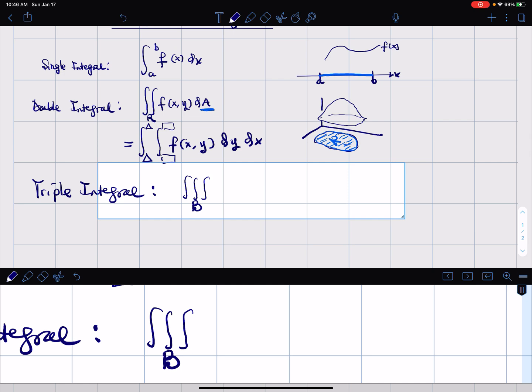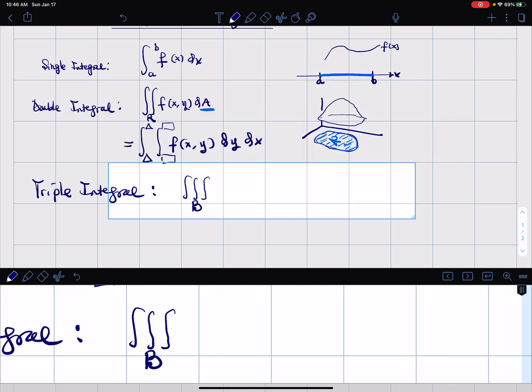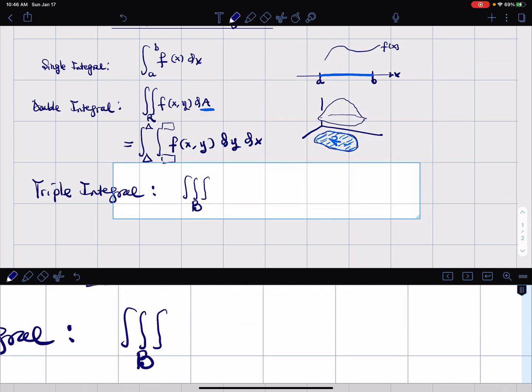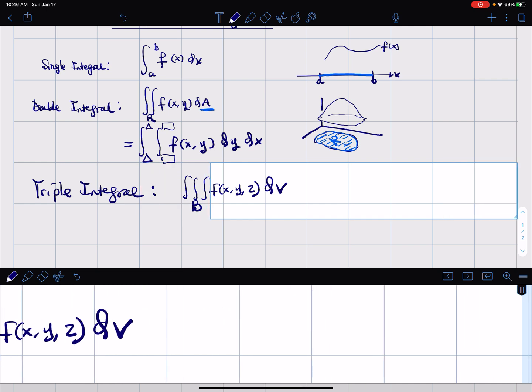The notation is usually B. Some people use E, some use D. B comes from box; it kind of feels like a boxed region, instead of an interval. So you have f of x, y, z now, and instead of dA, it becomes dV, V for volume.